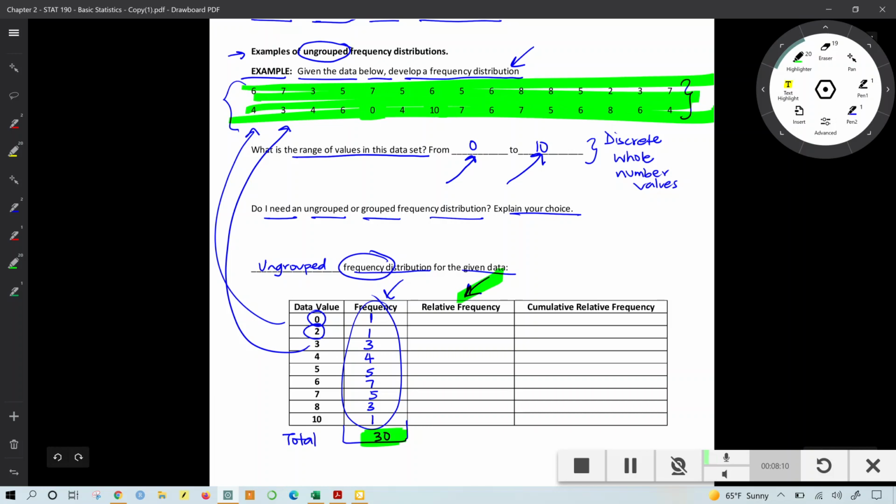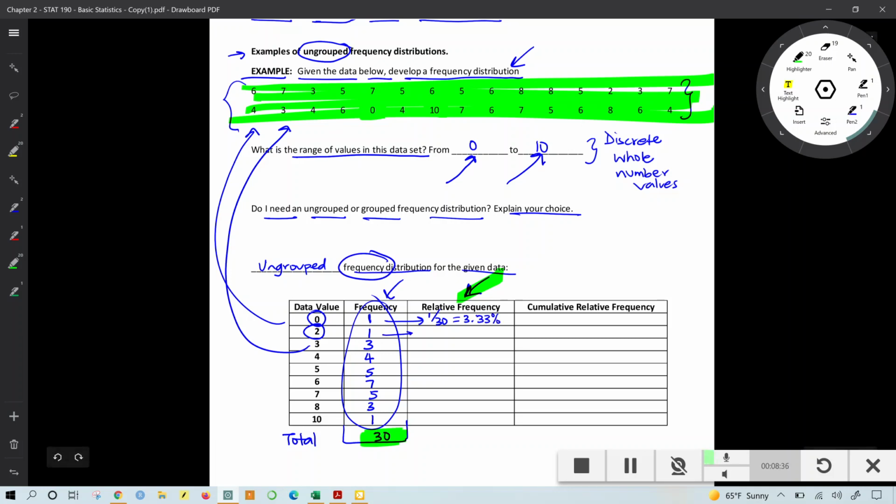And now we proceed to relative frequency. To get your relative frequencies, for the first frequency we have 1. The corresponding relative frequency to that will be 1 out of 30, which will give about 0.0333. And so, if you multiply that by 100, this is 3.33%.